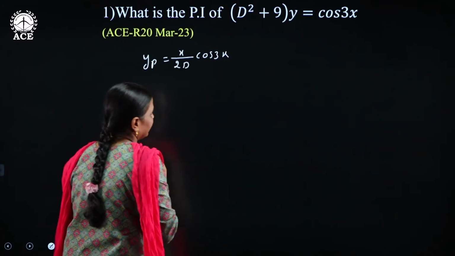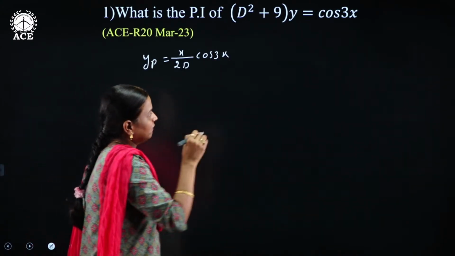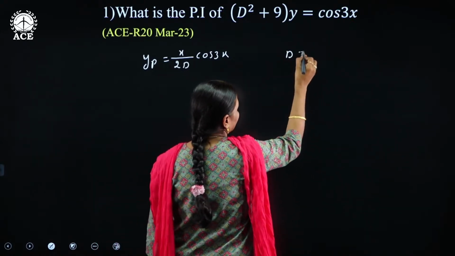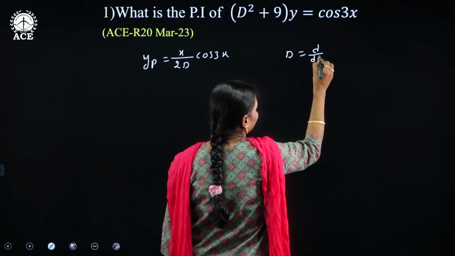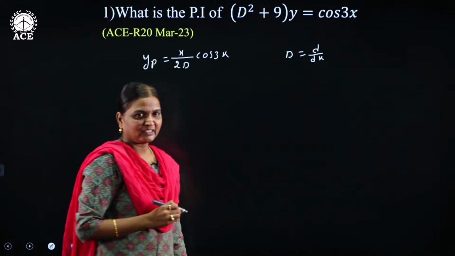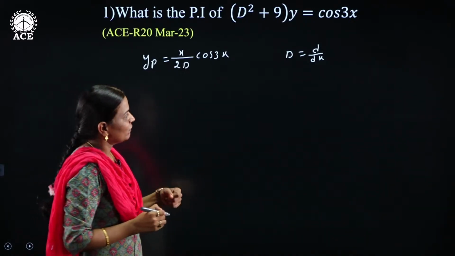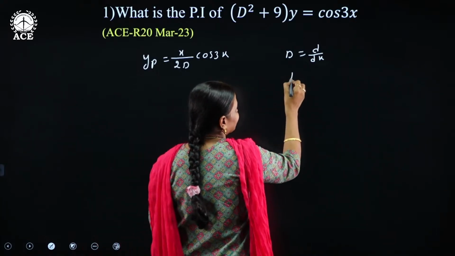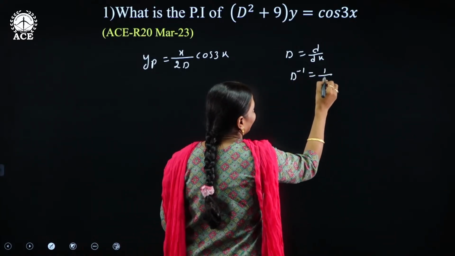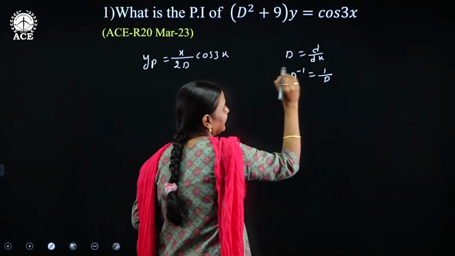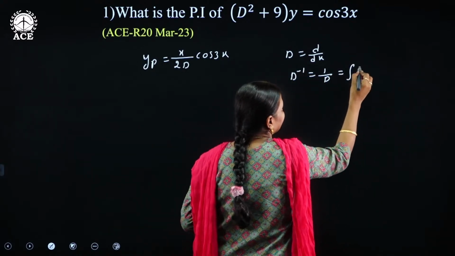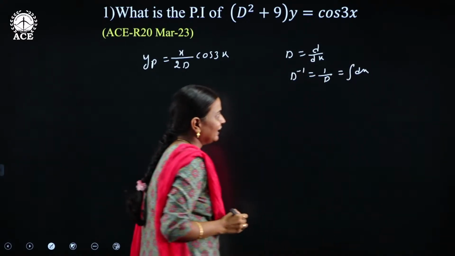Now observe clearly. What is a d? Capital D definition is d by dx. d by dx is nothing but a differentiation. So capital D is the differential operator. So what is its inverse? D inverse is nothing but 1 by d. So what is the antiderivative? That is called integration, integration of dx.